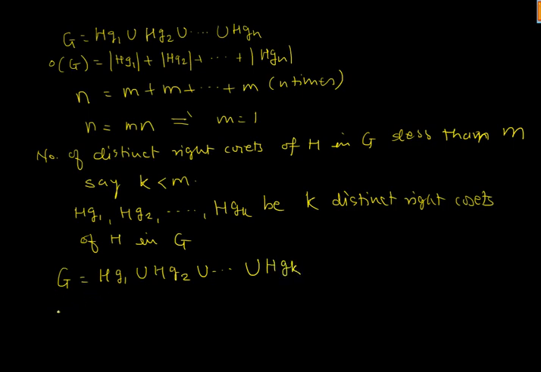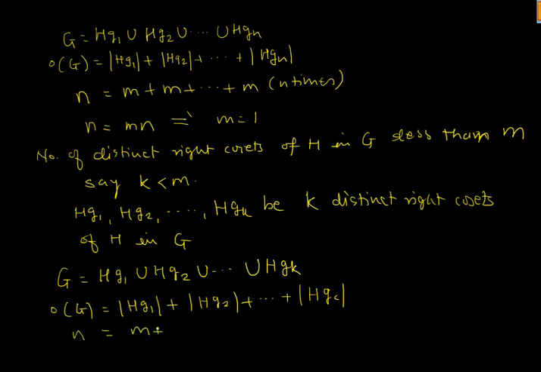Now, what is the order? The order of G is equal to the cardinality of the first right coset plus the cardinality of the second right coset, and continuing this summation up to the cardinality of Hgk. We know that each right coset contains m elements, and the order of G is equal to n.